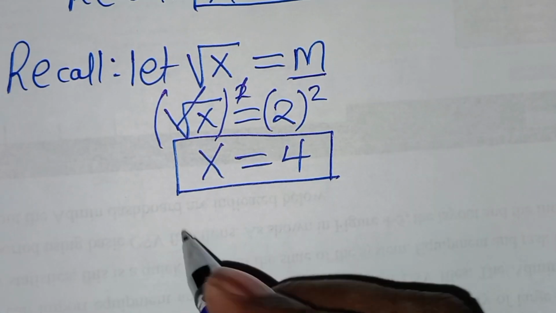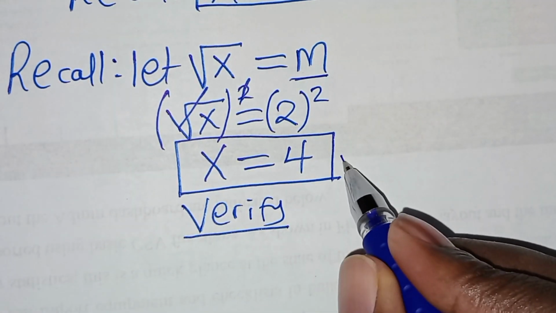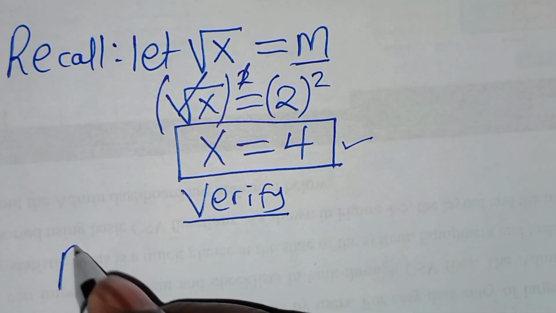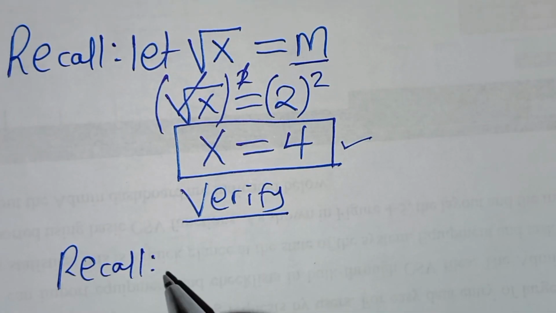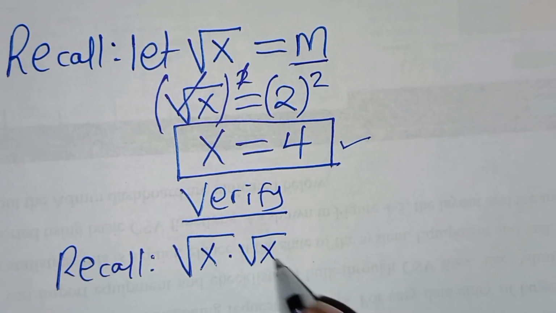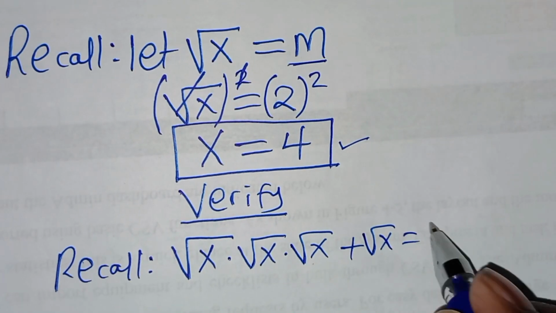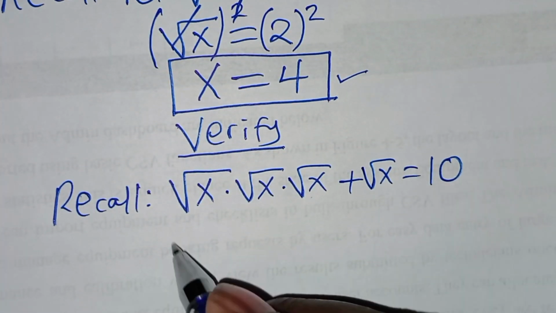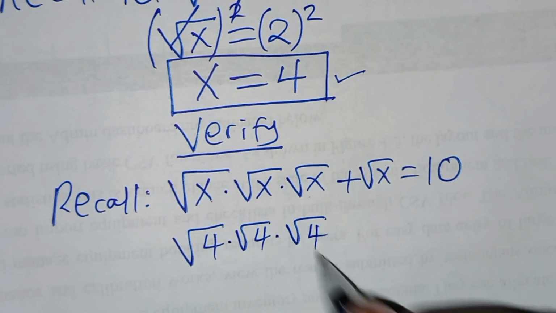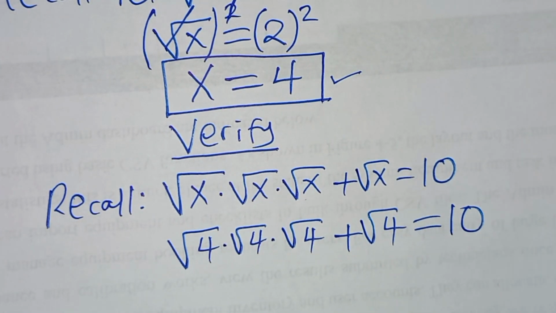Now from here, let's verify that this value of x satisfies the equation. So if you recall, we have the square root of x times square root of x times square root of x plus square root of x. This should give us a value of 10. So this is the square root of 4 times square root of 4 times square root of 4, then plus square root of 4. This is supposed to give us a value of 10.